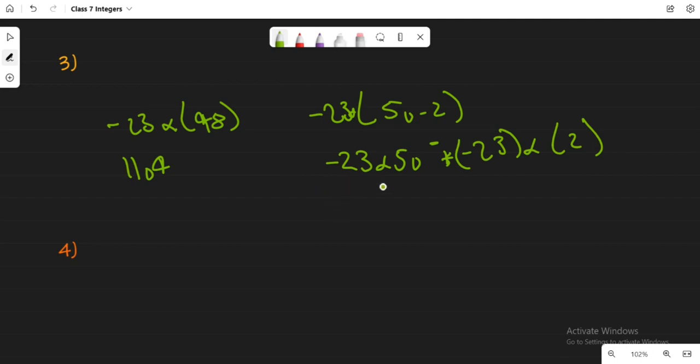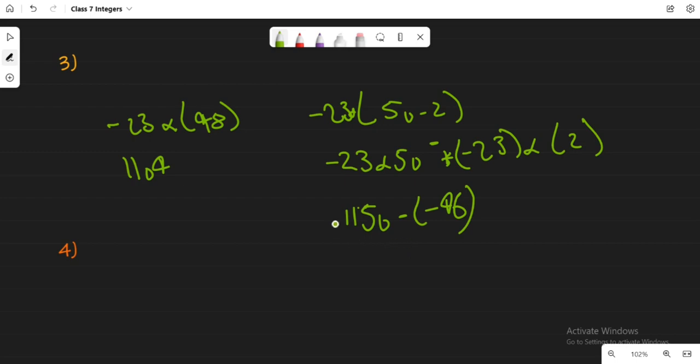So now this will become minus 23 into 50, which is equal to minus 1150, minus minus 23 into 2. Minus 23 into 2 is equal to minus 46, and minus minus becomes plus.